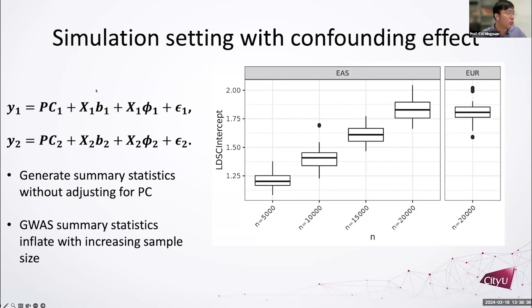In that case, the summary statistics will include some unadjusted confounding bias. We evaluated the LD score intercept, which are the C1 and C2 I previously introduced. You can see that as the sample size increases, the LD score intercept increases. That means as the sample size increases, if we do not adjust for confounding bias, the inflation will become severe.